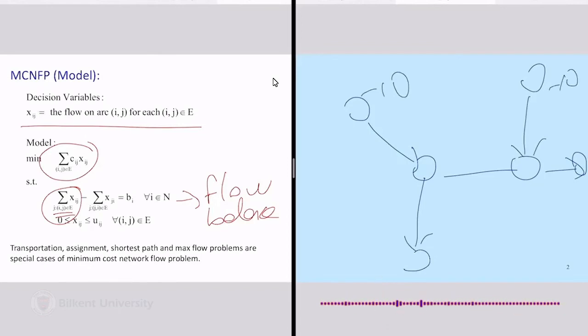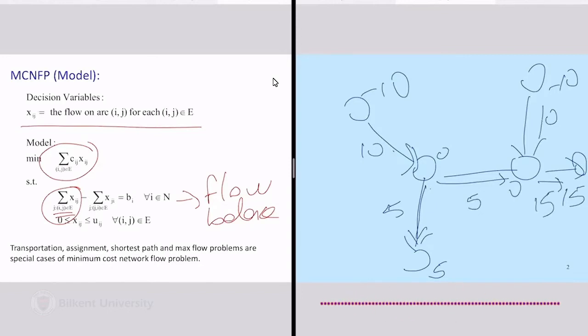Let's say this is a +5 and this is a +15. This one is a 0, this one is a 0. Then what's happening? I will send 10 units to here, and 5 will go here, and 5 will go here. This 10 will come here, and then altogether 15 will go there.